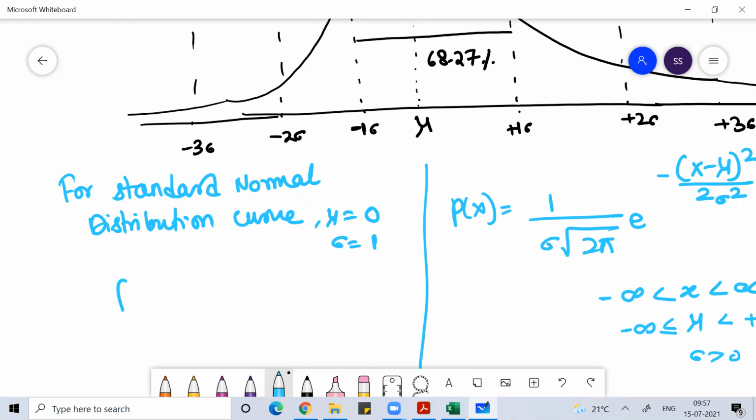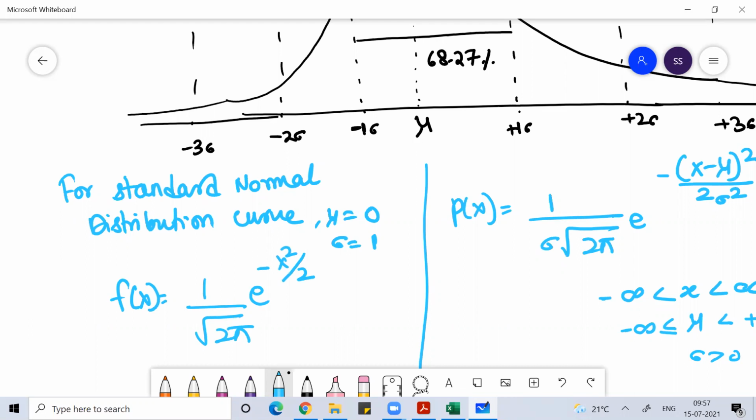In that case, the formula of the frequency distribution would be 1 by root 2 pi e to the power minus x square by 2. So this would be your frequency distribution curve.